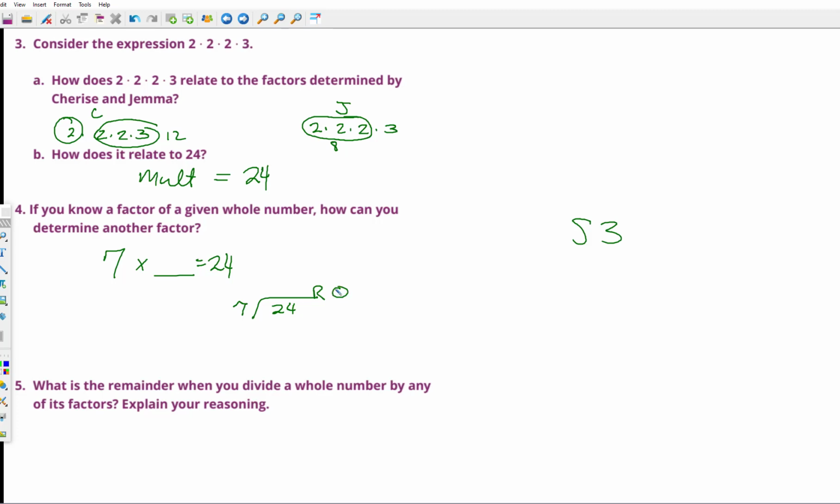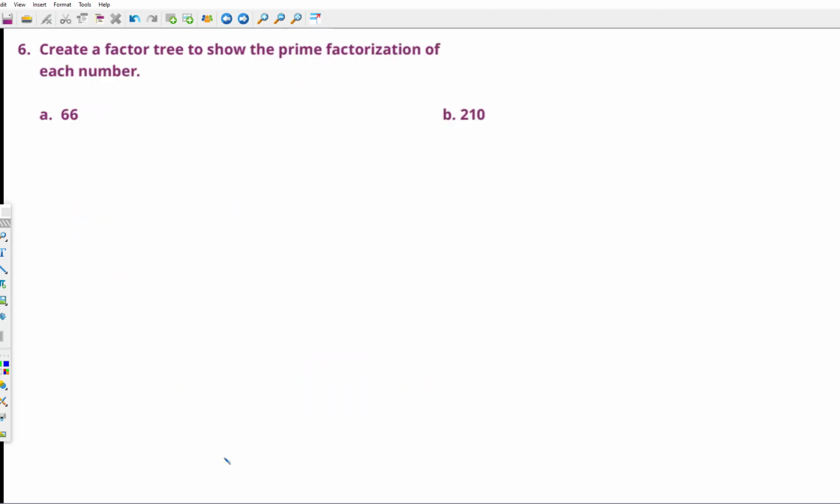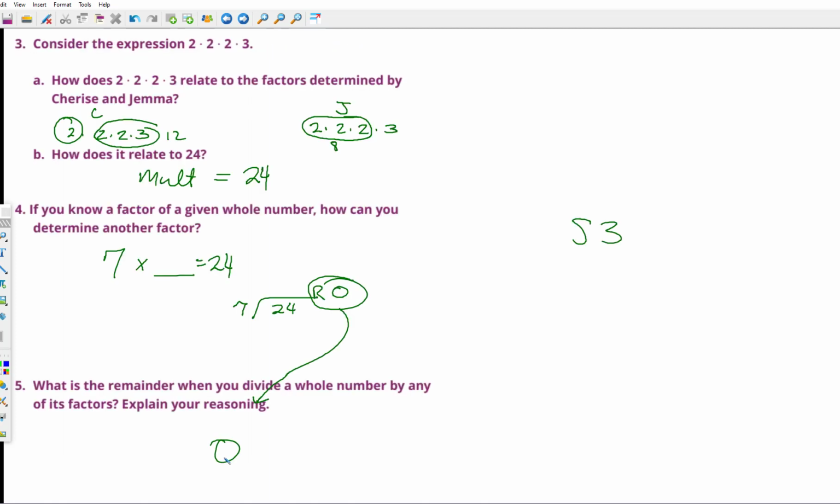And if it has a remainder of 0, then it's a factor, right? Means if it divides evenly and doesn't have anything left over. And so what is a remainder, excuse me, when you divide? 0. Come up with a factor tree or the upside down division. Sorry, went too fast.